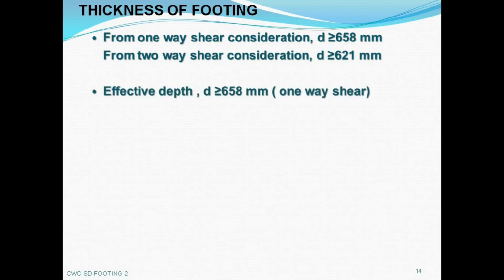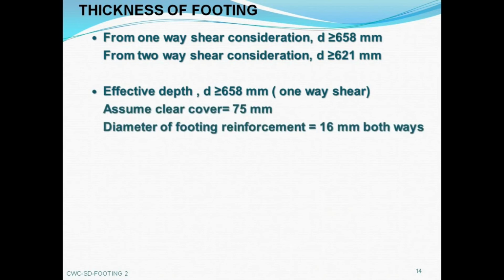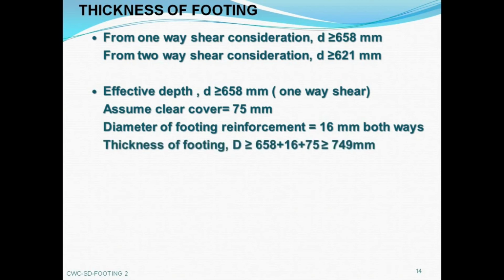So effective depth should be greater than or equal to 650 mm. Assuming a clear cover of 75 mm and the bar diameter of footing reinforcement as 16 mm both ways, we can get the thickness of footing as 749 millimeters. So let the thickness be equal to 750 mm.